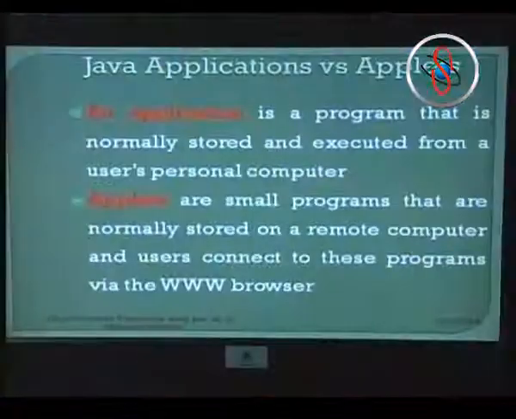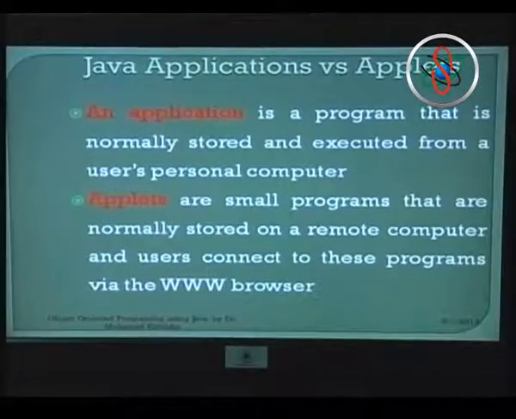We need to differentiate between Java applications and applets. Applications normally run on standalone computers, there is no problem. What about applets? Applets are programs that can be run normally or stored, or we can deal with them remotely.